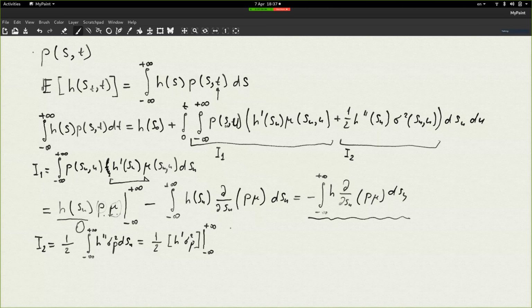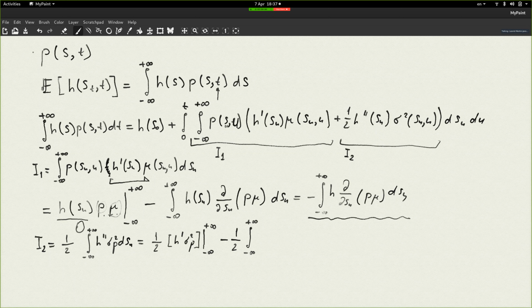h prime sigma squared p from minus infinity to plus infinity minus 1/2 integral from minus infinity to plus infinity. Now what?